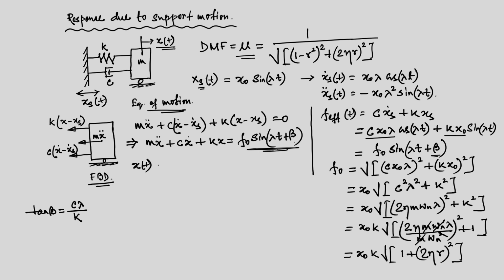Now, for this problem we can easily write down the response, and the response will be F naught divided by K. If you recall, that is the static deformation, then sin(lambda t + beta - theta). So, there will be a phase lag, divided by square root of (1 - r square) whole square plus (2 eta r) whole square.